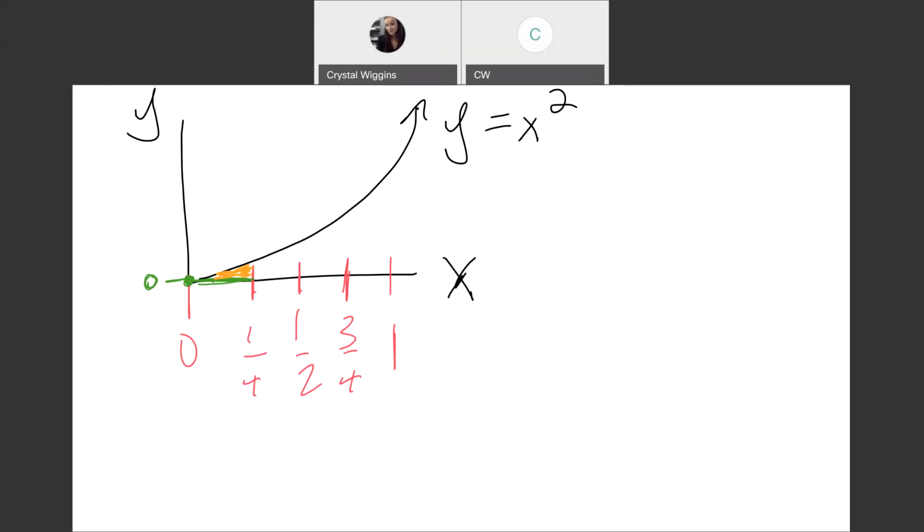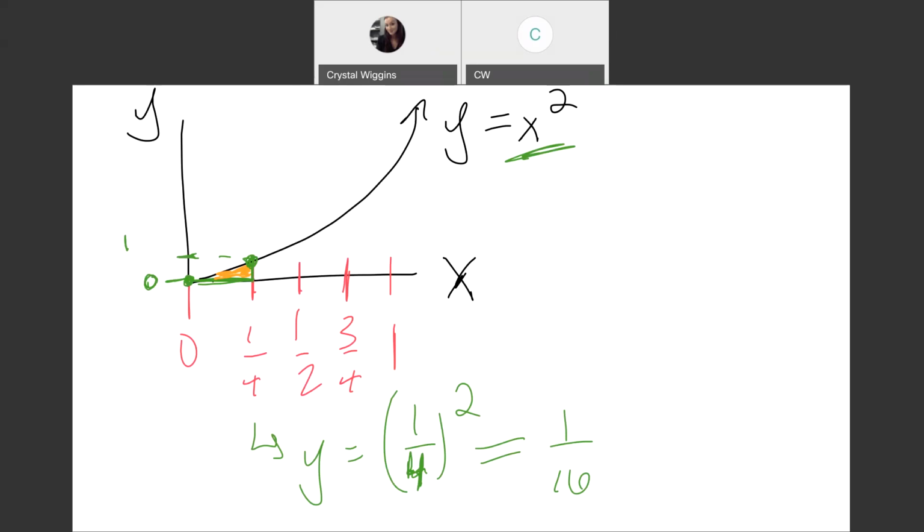The next height, we take 1/4 and we find the y value at 1/4. So we're trying to find this y value. Again, we would do that by doing y equals 1/4 squared, because that is the function that we are working with, x squared. And that came out to be 1/16. So the height of the second rectangle is 1/16. We draw over. Again, we can see above this rectangle that there is area unaccounted for, underestimate.